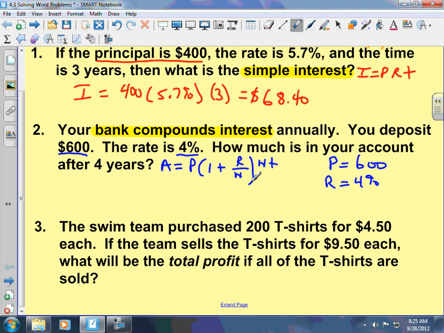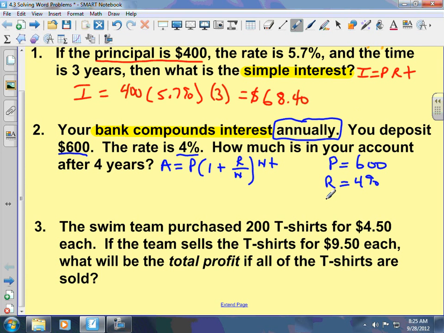N is the confusing one. N is how many times your interest is compounded. Well, right after it says compounds interest, it's going to tell you how many times it's compounded annually. Does everybody get that? This is where you guys mess up. You don't understand that after the words compound interest, it's going to tell you how many times a year it's compounded.